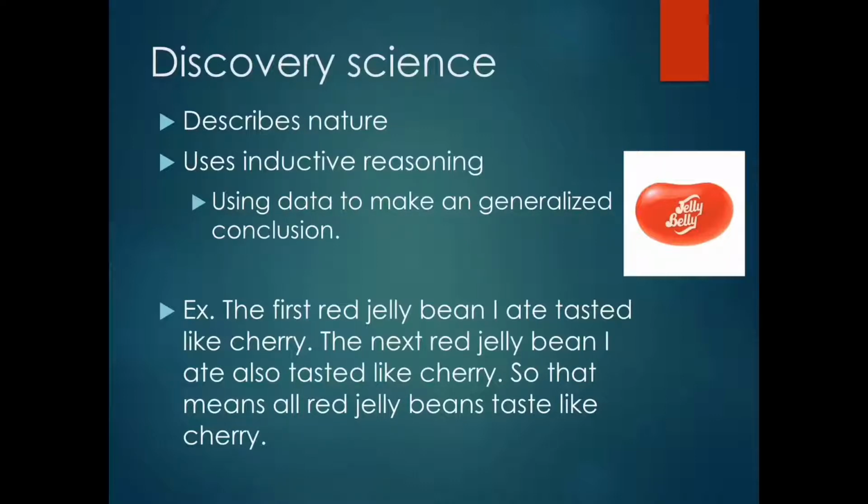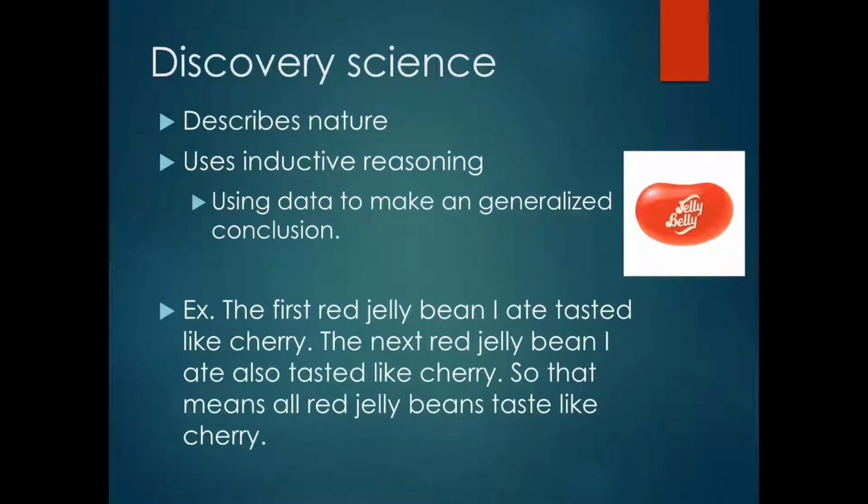So that means all red jelly beans that I eat are going to taste like cherry. So what we're saying is if something happens the same way multiple times in a row, you can make that generalized thought that every time you do that thing, you're going to get the same end result.